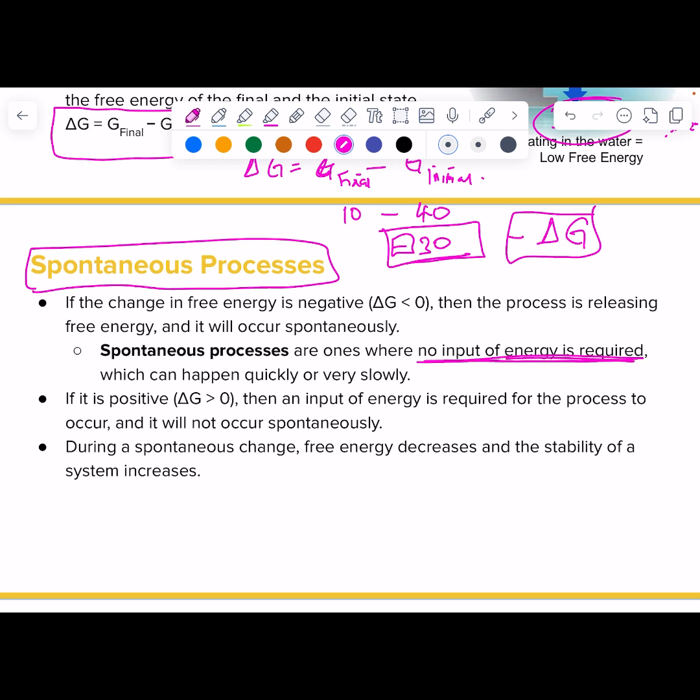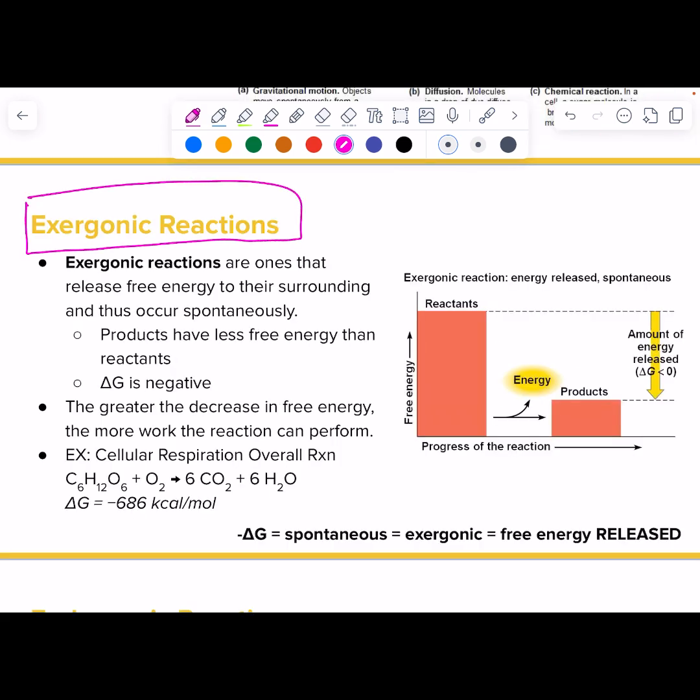They just happen on their own. Those reactions that give off energy, they are also known as exergonic reactions. They proceed by giving off energy, like respiration. And you can see scientists calculated their Gibbs free energy of respiration is negative 686. You don't need to cram that. You don't need to calculate that. We don't do that in biology.